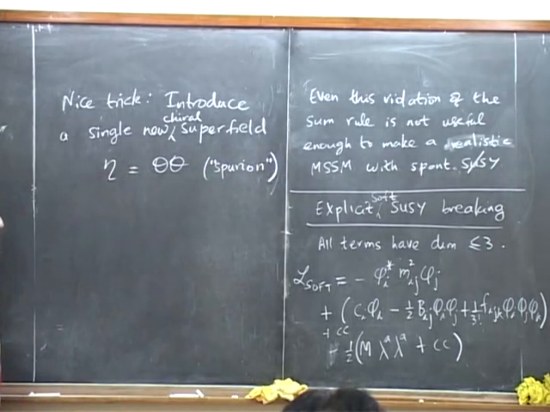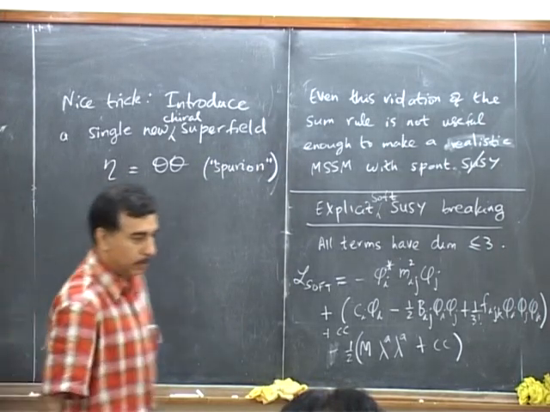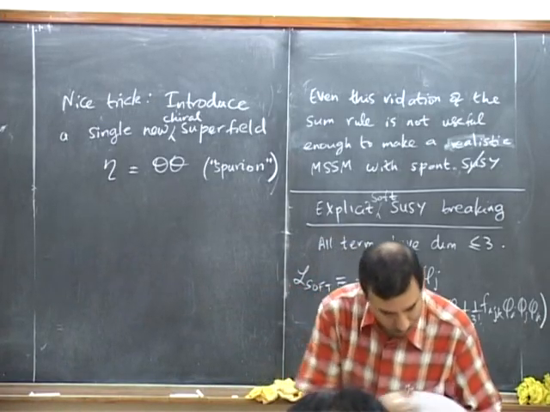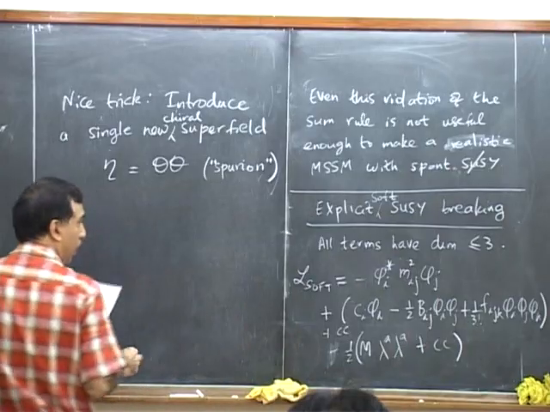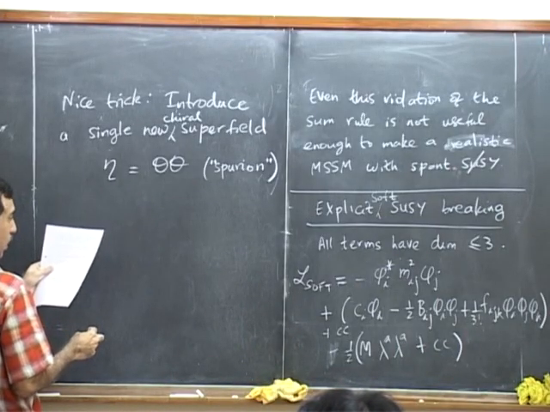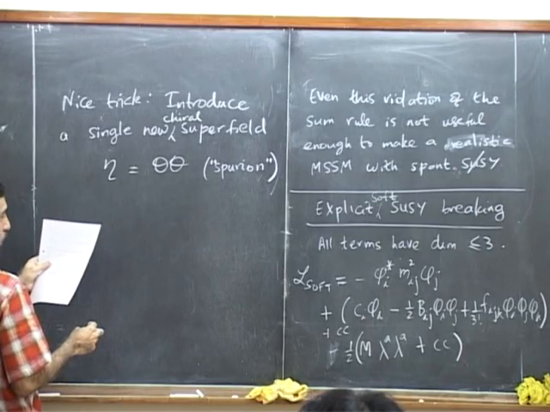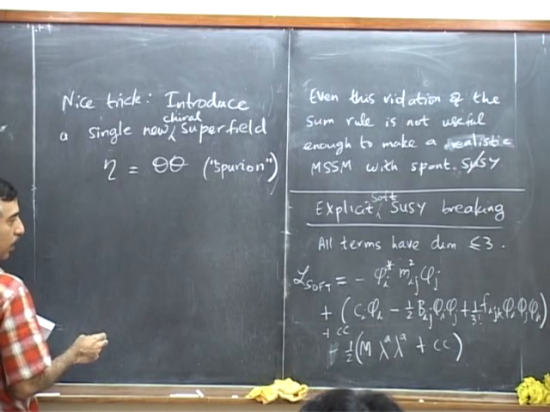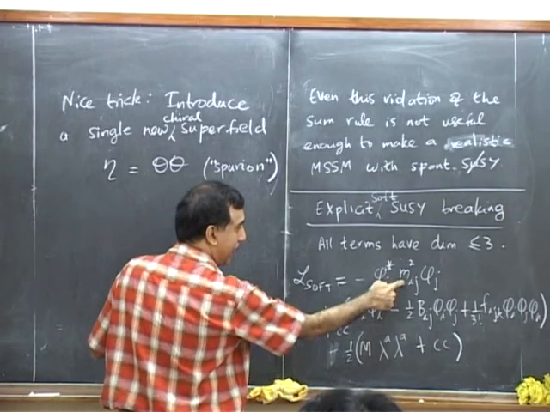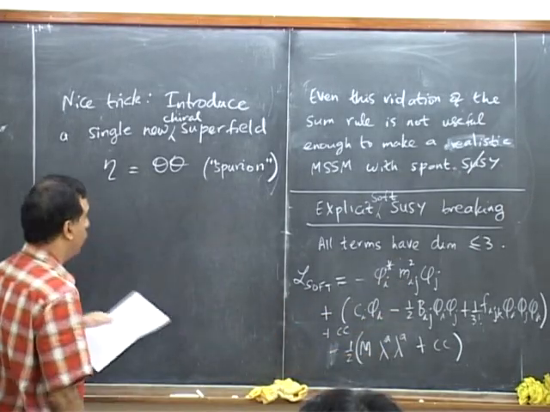Okay, and what does it do? Well, take that Lagrangian and let's rewrite it as a superspace Lagrangian with the spurion. Very simple. The first term, which is the phi star phi type of term, is going to be rewritten as a D type of term, and these two as F type of terms.